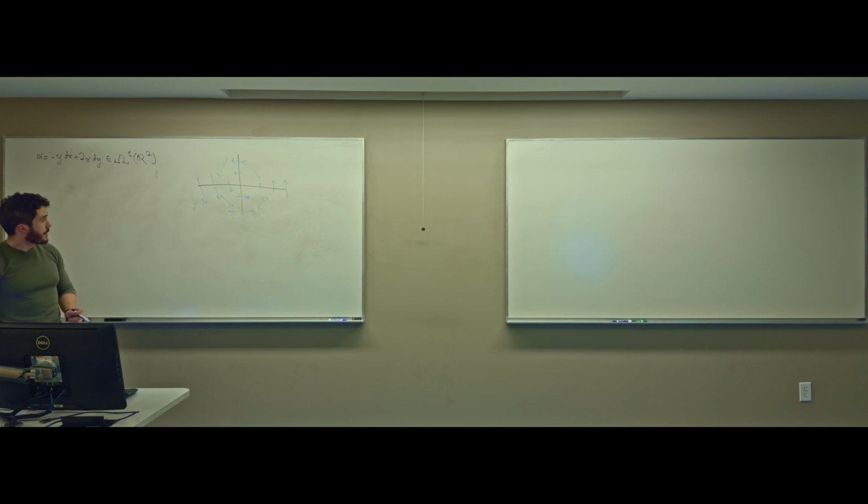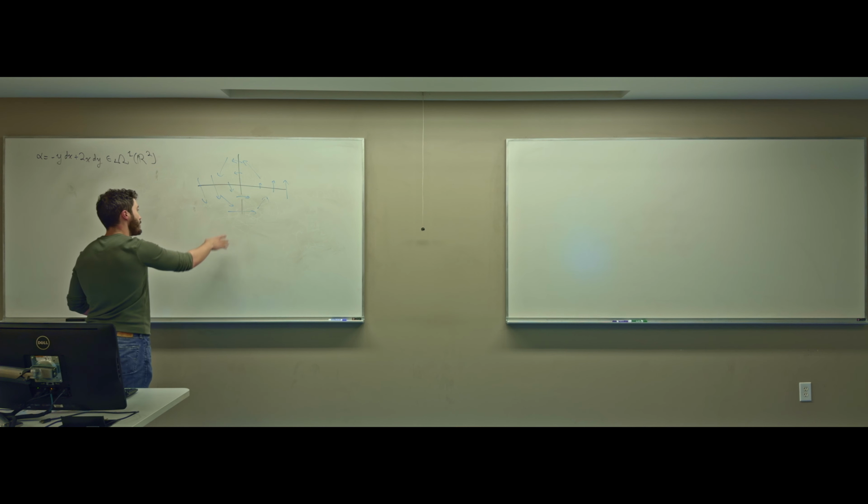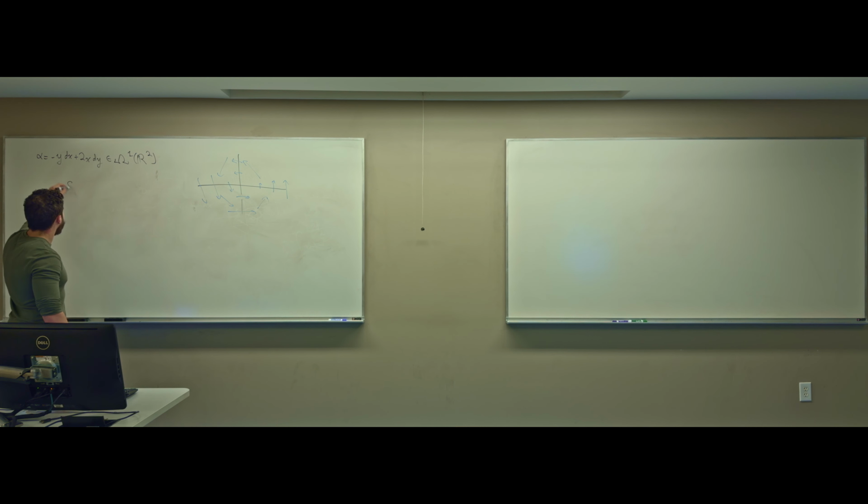And then we would like to integrate this vector field on S1, which I'm defining to be just x, y in R2, such that x squared plus y squared equals 1, the unit circle. Okay. So I want to integrate alpha on S1. Okay.